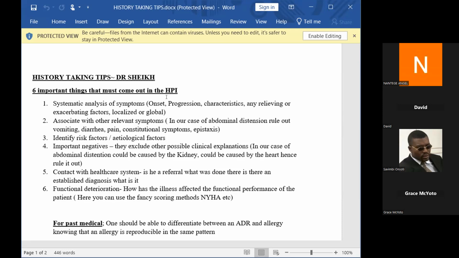But I don't think there were relieving factors. And then moving on, we associated it with other relevant symptoms. That was the fever. That was also the chest discomfort.